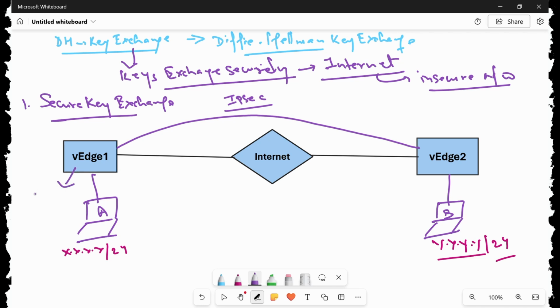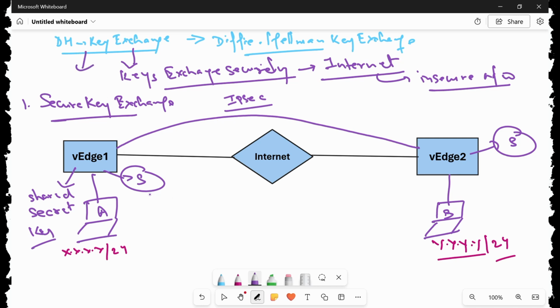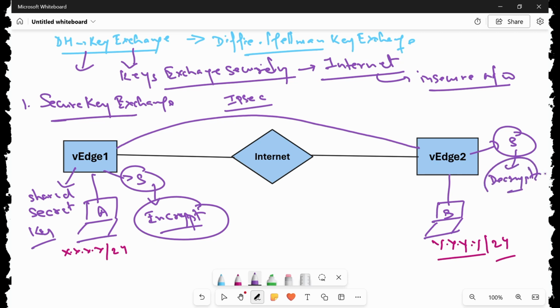This shared secret key will be S. The Diffie-Hellman group will be used for these data IPsec tunnels to generate this shared secret key S, and this S will be used later to encrypt the IPsec packet at the source end and decrypt the IP packet at the destination end.